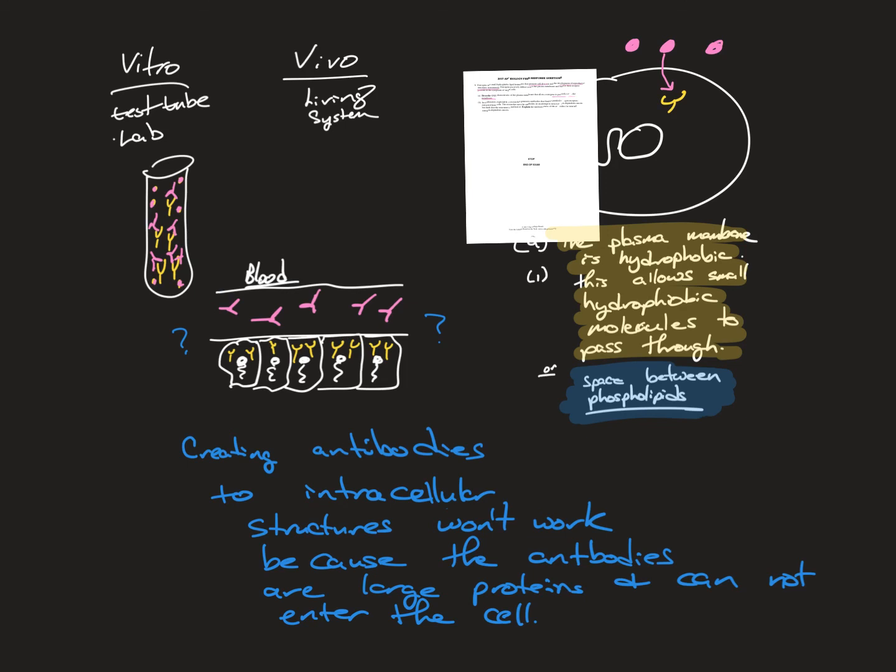So you can make all the antibodies you want. Unlike COVID, which is in the bloodstream, antibodies would work against a virus, because as soon as the virus comes out of the cell, the antibodies would bind, and the immune cells of the body would destroy them. Here, the receptors are inside the living cell, and these antibodies would have to pass through the membranes, and that would be way too difficult, way too slow, and it just wouldn't work.